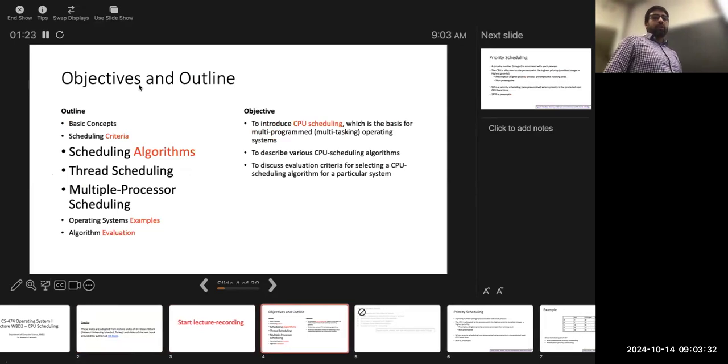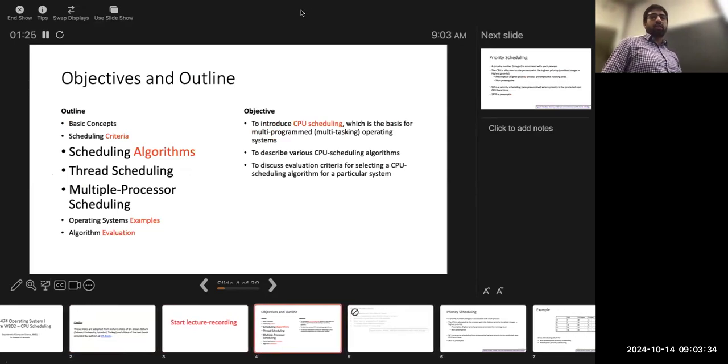okay. So we are still continuing our discussion regarding scheduling of processes on a CPU. We have been covering the scheduling algorithms. I hope to get done with the scheduling algorithms for a single CPU today. Until now, we are considering scheduling a single threaded process on a single CPU.